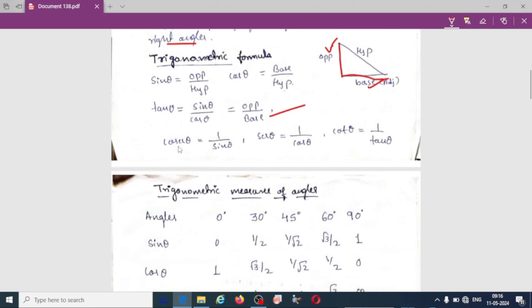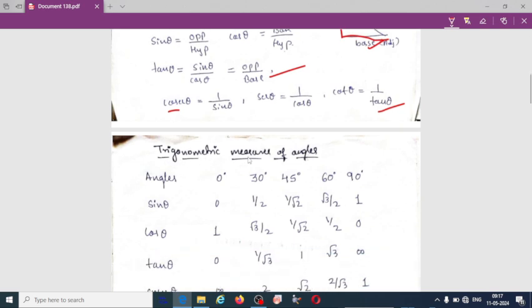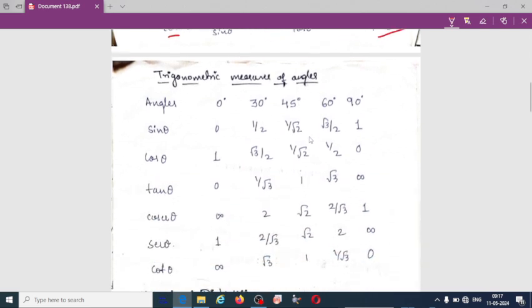So if we understand all these three, sine theta, cos theta, tan theta, you can write the formula for cosec theta, that is the inverse of sine theta, sec theta is the inverse of cos theta, cot theta is the inverse of tan theta. Then you can predict how to represent cosec, sec and cot theta in terms of opposite, base and hypotenuse. Then the trigonometric measurement of angles.